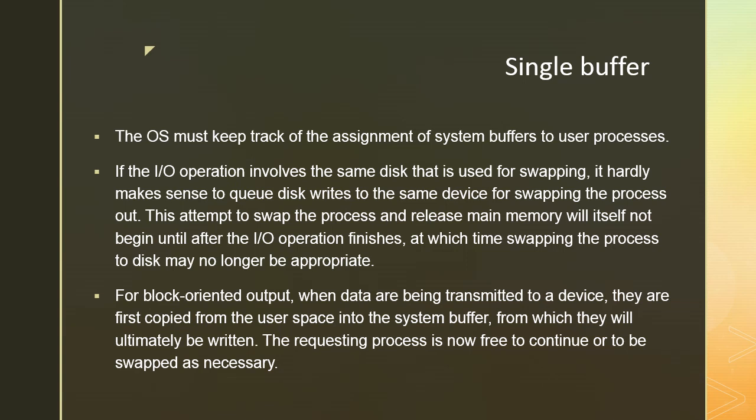For block-oriented output, when data are being transmitted to a device, they are first copied from the user space into the system buffer, from which they will ultimately be written. The requesting process is now free to continue or to be swapped as necessary.